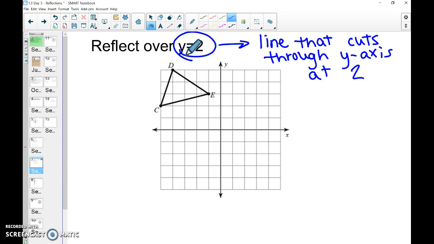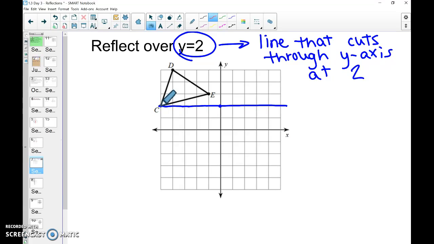So on your graph, find the y-axis. Where is positive 2 on the y-axis? It's right here. And I need a line that cuts through at that spot, which means it's going to look like this. I can't draw it this way because then that's the y-axis itself. So this blue line is now my line of reflection. Then I just proceed like normal.